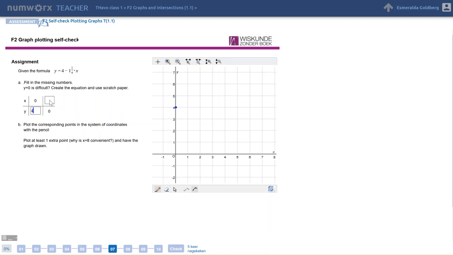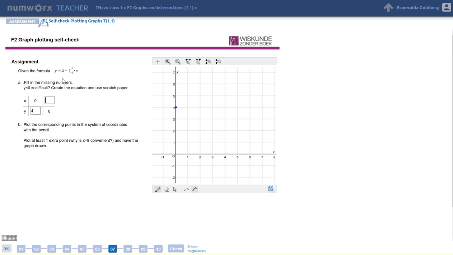That means we can pinpoint the first point on the line right here. That's the point of intersection with the y-axis. The next gap in the table is here, above y equals 0. Y equals 0 means we are on the x-axis again, because we haven't gone up or down at all. So we're actually looking for the point of intersection with the x-axis again. We can do that by taking the value for y, 0, and filling it into the formula for y again. That means we get the equation 4 minus 1 1/4 times x equals 0.